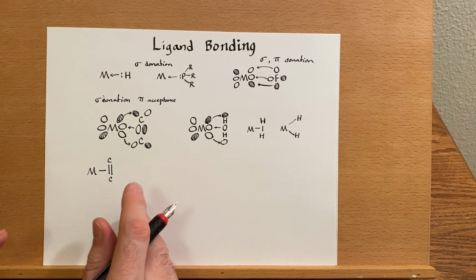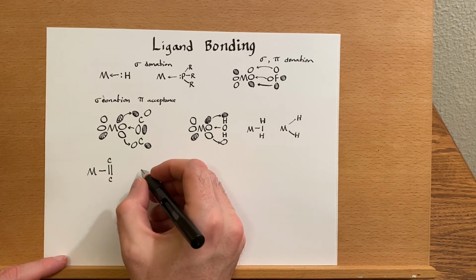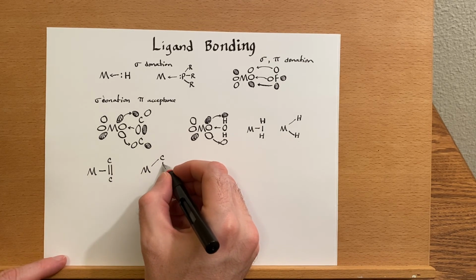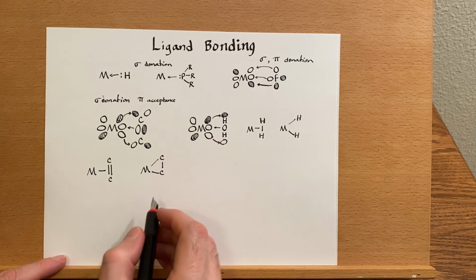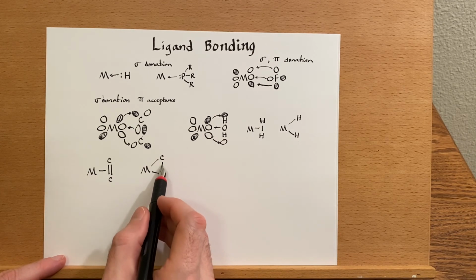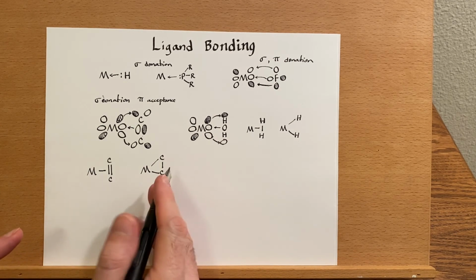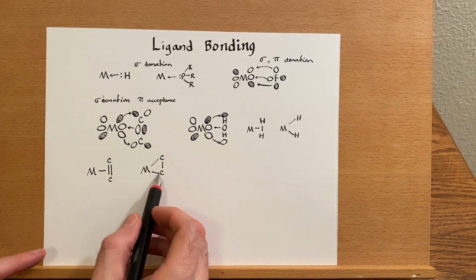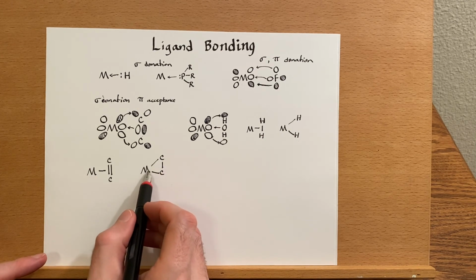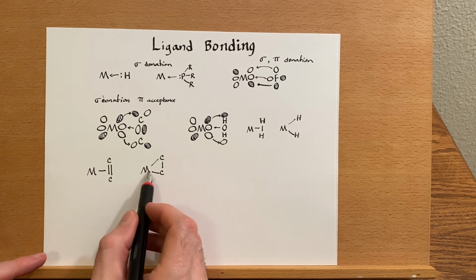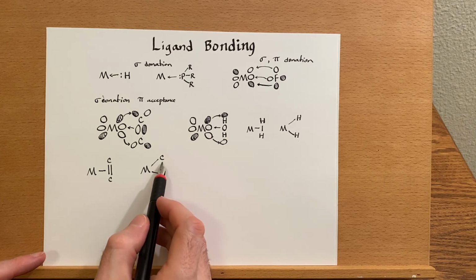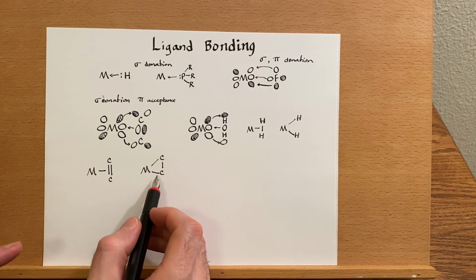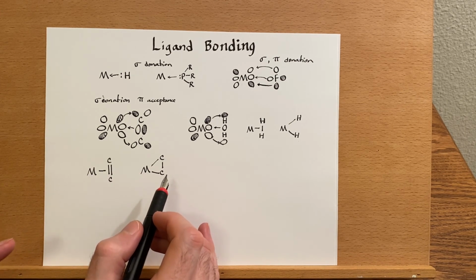Or in the other very extreme, this could bond like this, where we still have the single bond because that antibonding orbital has not had electrons fed back into it, but now we have a bond that exists between the metal and the carbon in both locations, and now the double bond here has been reduced down to a single bond because of all of the electron density flowing into the carbon antibonding orbital.